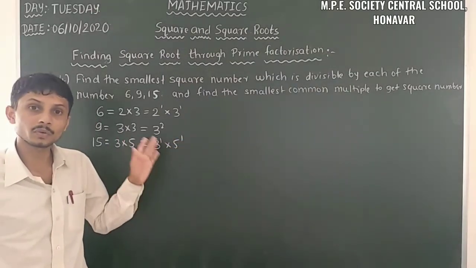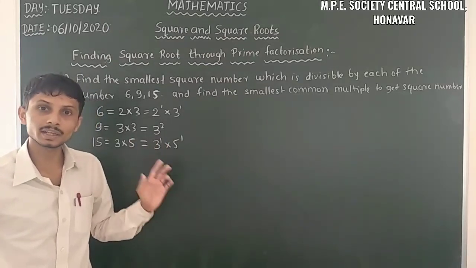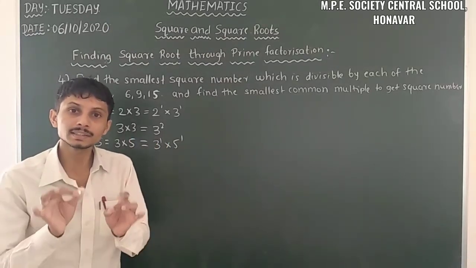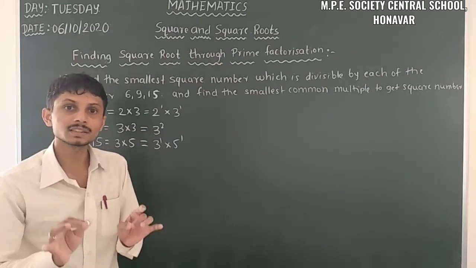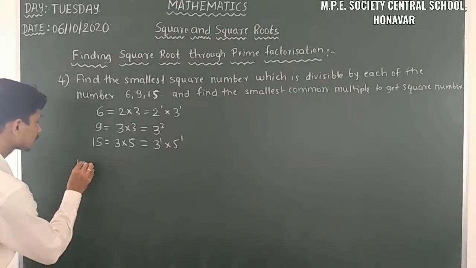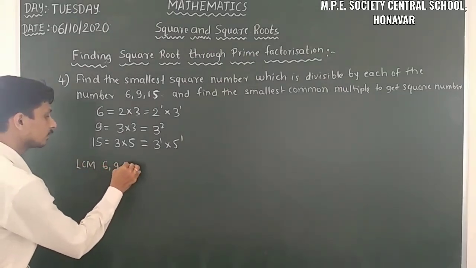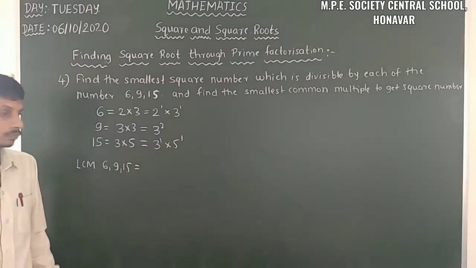After that, what you have to do, when we take the LCM of 6, 9 and 15, is take the highest power of each factor. So the LCM of 6, 9 and 15 is equal to what?